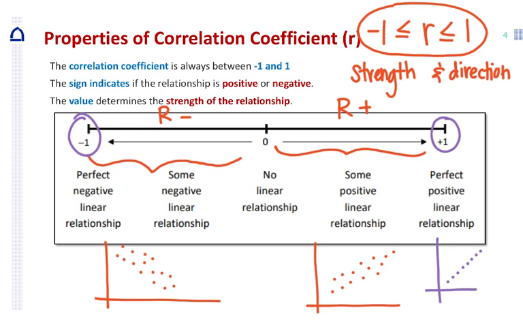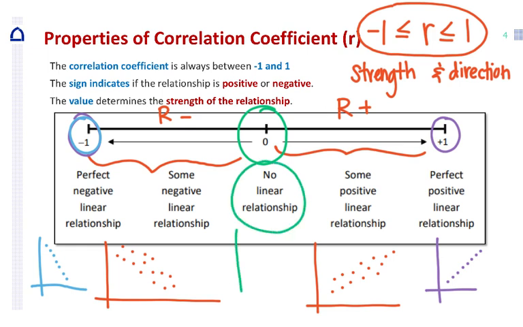And if R equals -1 exactly, the dots will be in a perfect straight line going down. And the closer you get to 0, an R value very close to 0, the more the scatter plot will look like no relationship at all, just all over the place and not really in the form of any pattern.